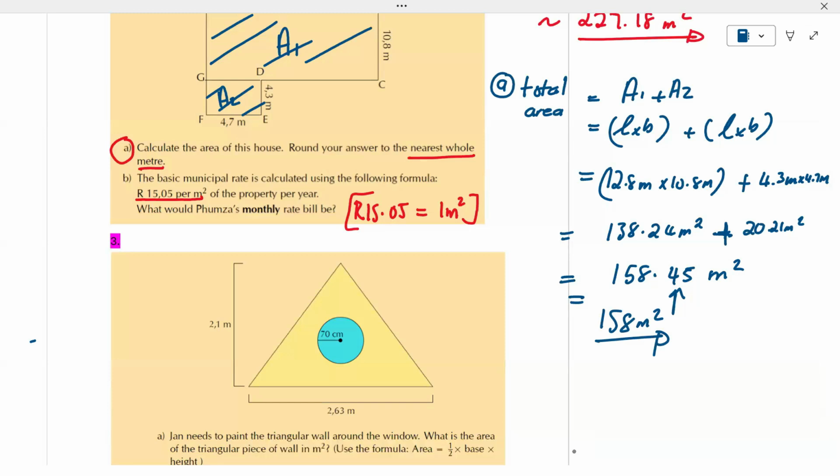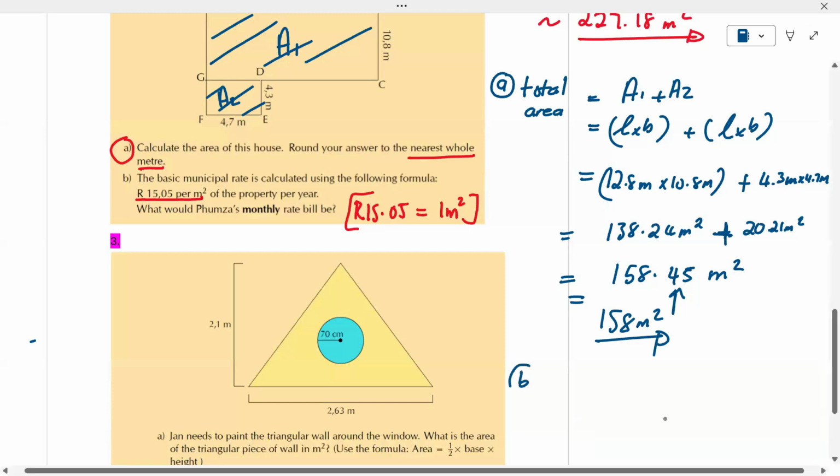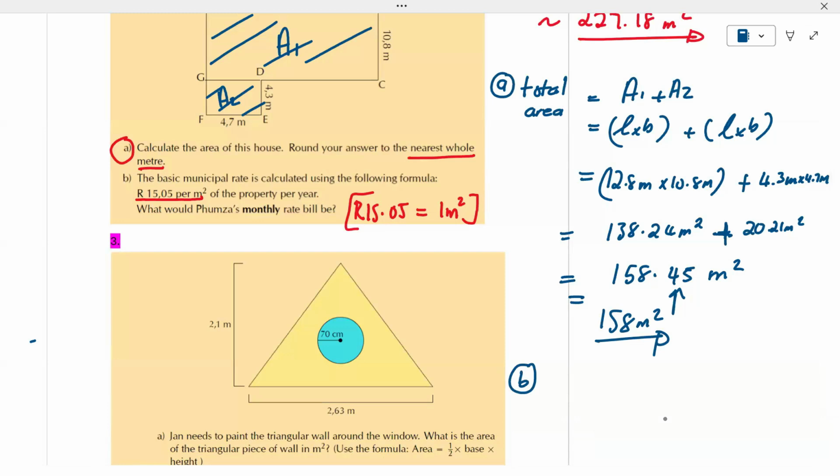Number B. What are we doing in number B? Who would like to tackle this one? Multiply 158 by the rate, 15.05. Good. So here we're trying to determine how much Upumza pays towards her property rates monthly. Remember, for every 1 meter squared, you pay 15 rand 05 per year.